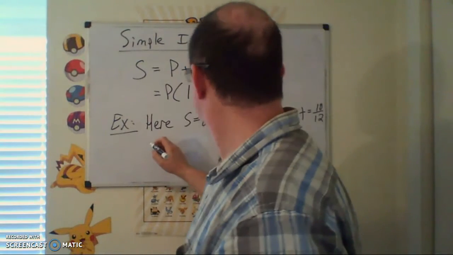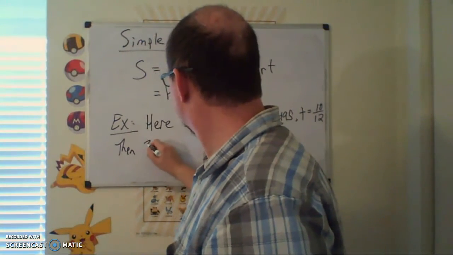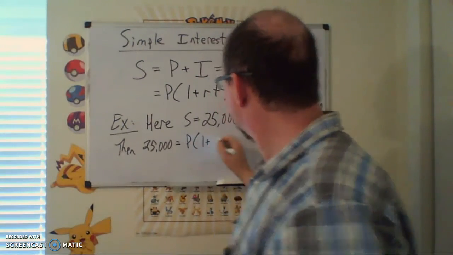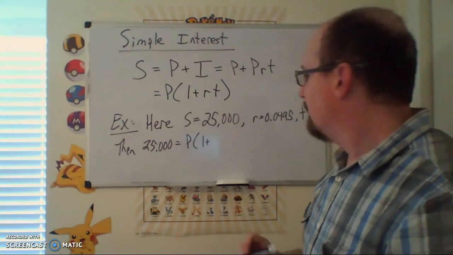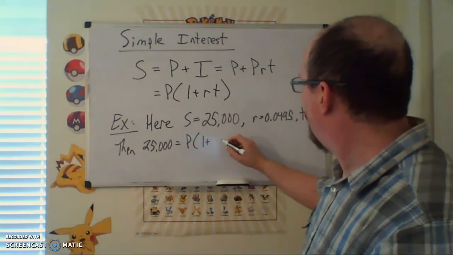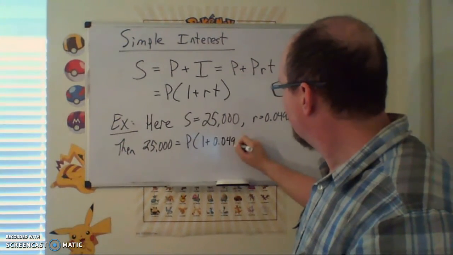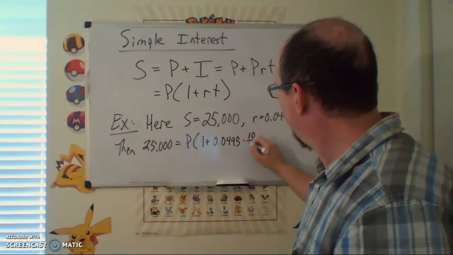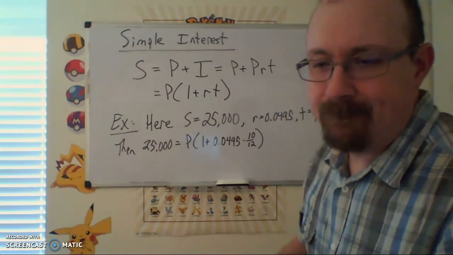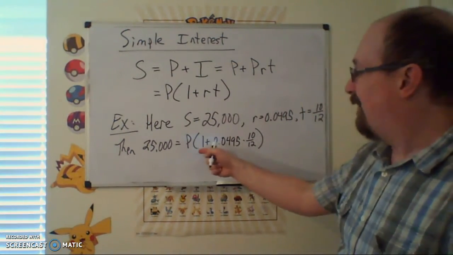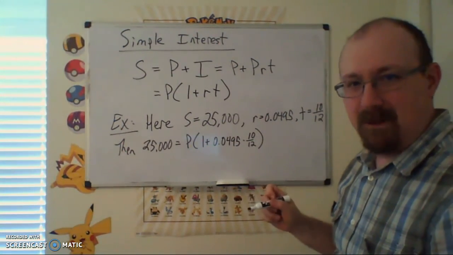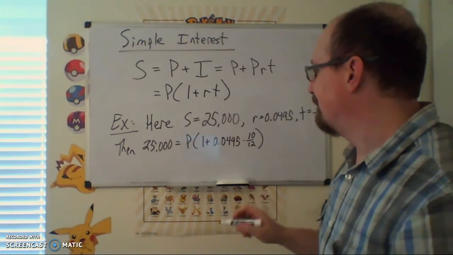So we have 25,000 equals P times 1 plus our R, this awkward 0.0495. And now we can just divide both sides of this equation by the awkward thing in parentheses.